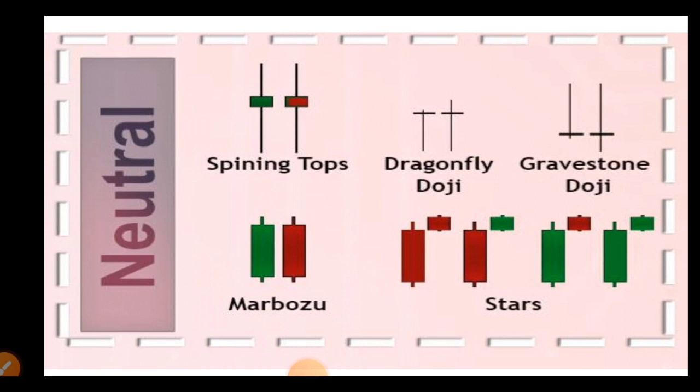For a bearish star, you have a red candle, then bullish. For a bullish star, you have a green candle, then bullish, right? So this is how the stars are formed. Neutral means you can find this in bullish and bearish.